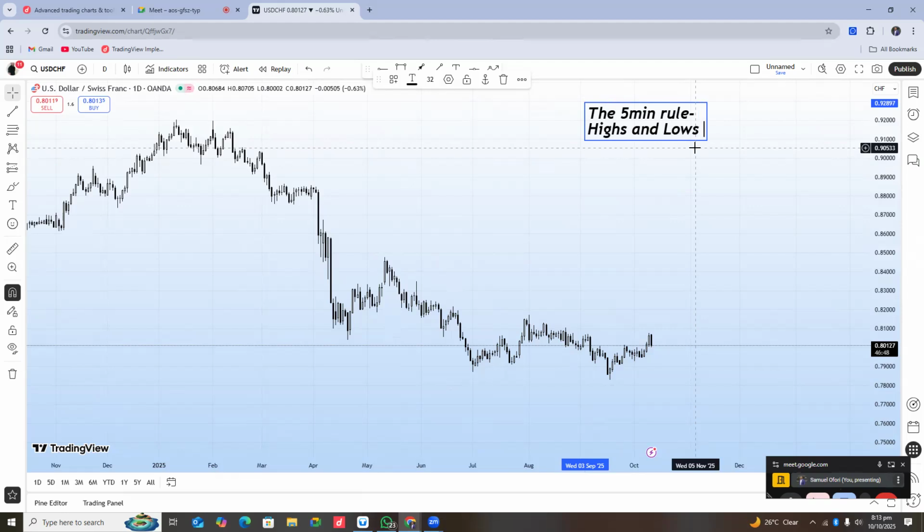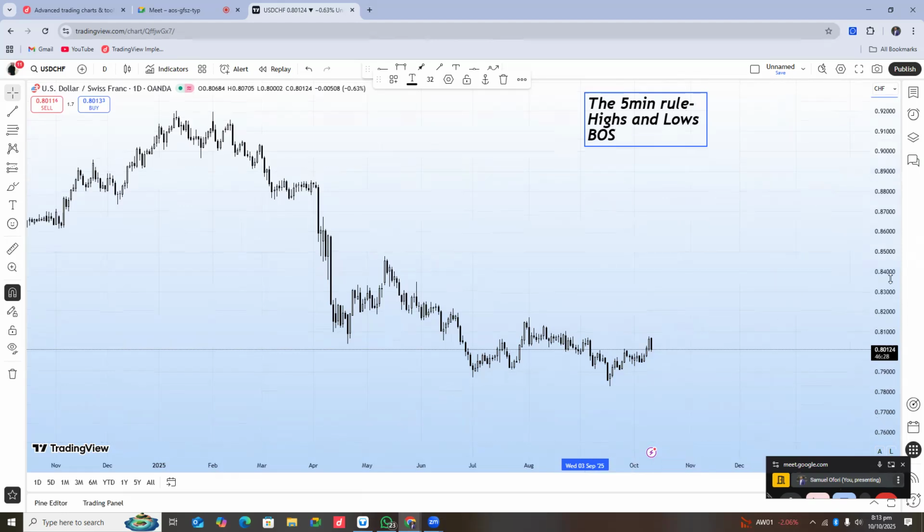You have to identify these things. Then there should be a BOS. If you're able to identify these things, you are done. So let us try and see how we are going to analyze this market.